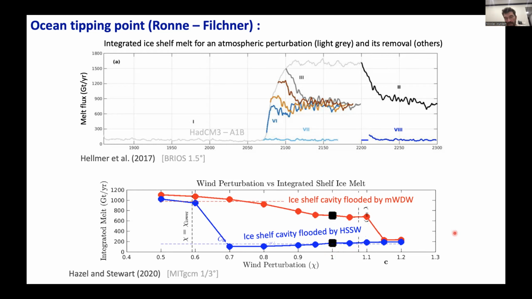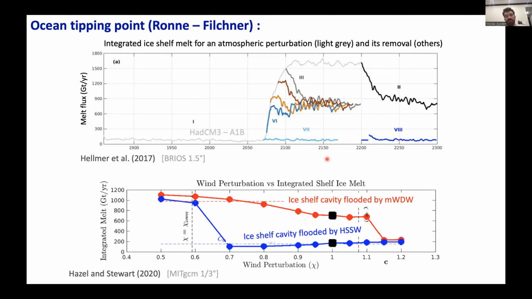And this balance between the two possible states is really related to the relative density of these two water masses, high salinity shelf water and modified warm deep water. So any process that will affect the relative density of these waters is susceptible to trigger important changes.